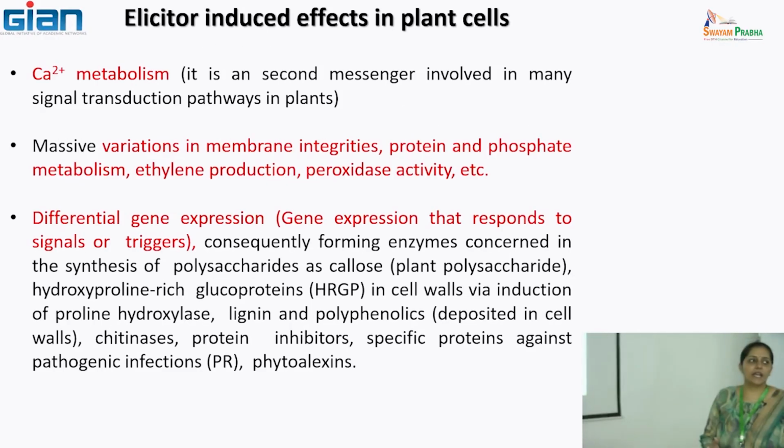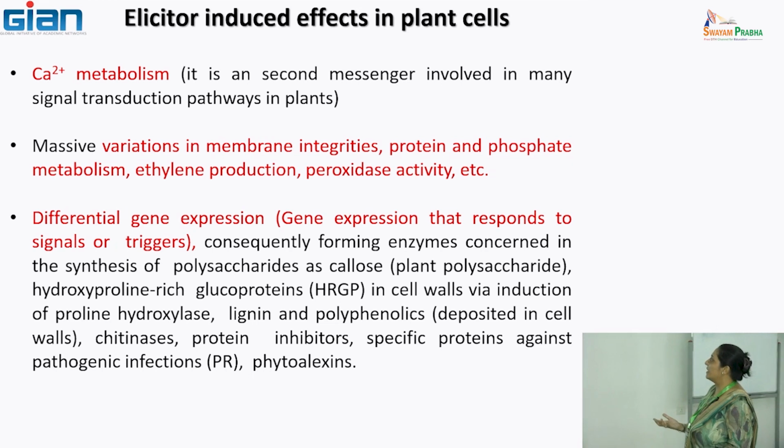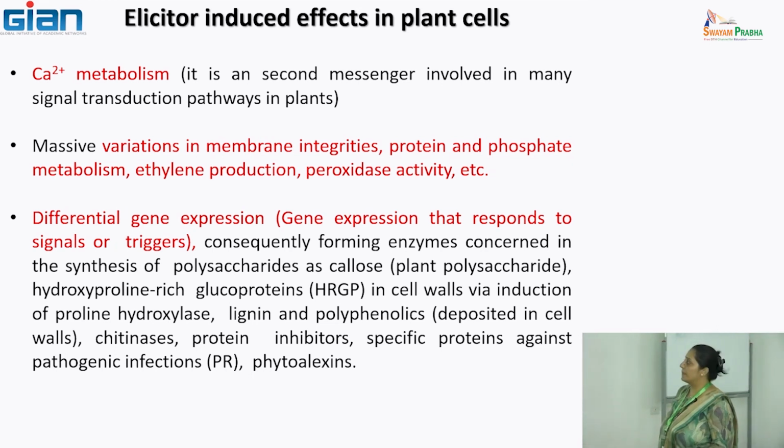Now, most of them are guided through calcium ions used as a second messenger. So, this was just a mechanism of action of elicitors. How do they work? There can be variations in membrane integrities or protein and phosphate metabolism, ethylene production, peroxidase activity.